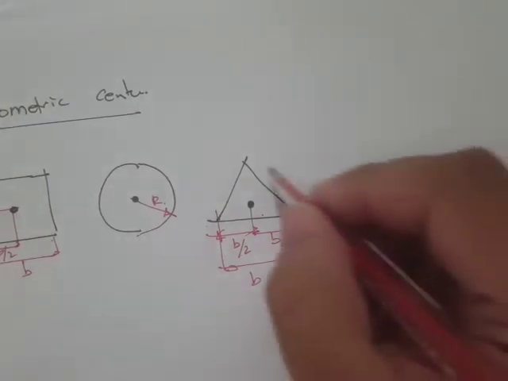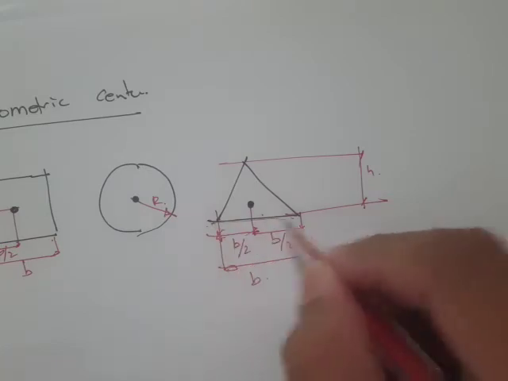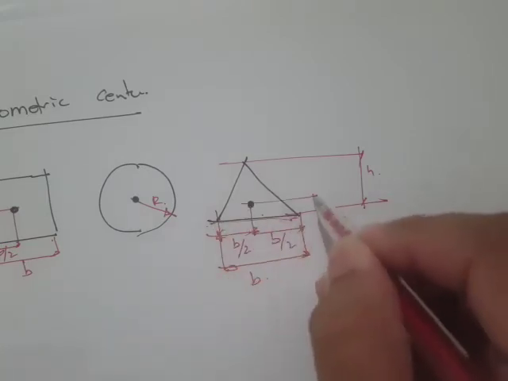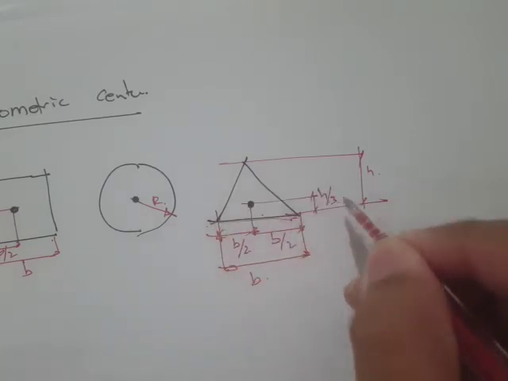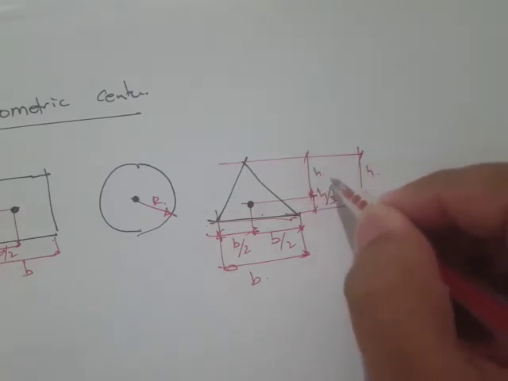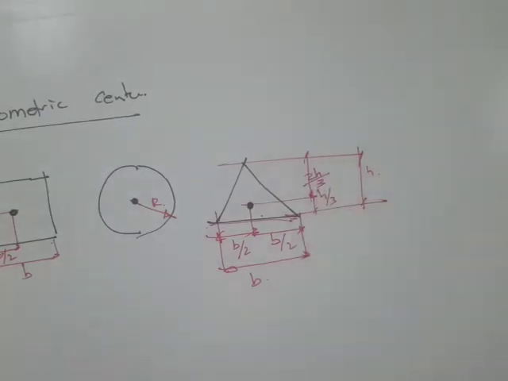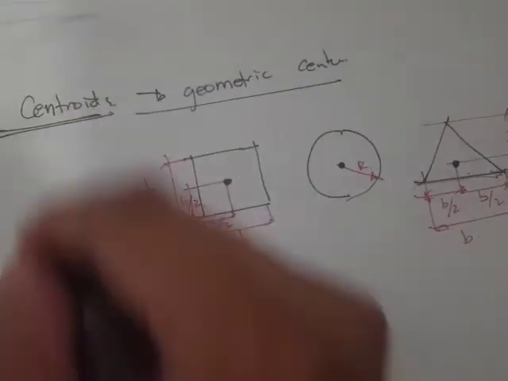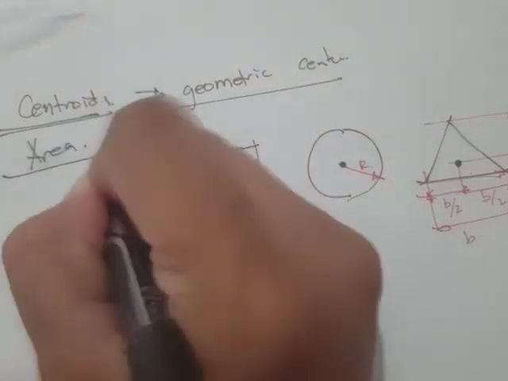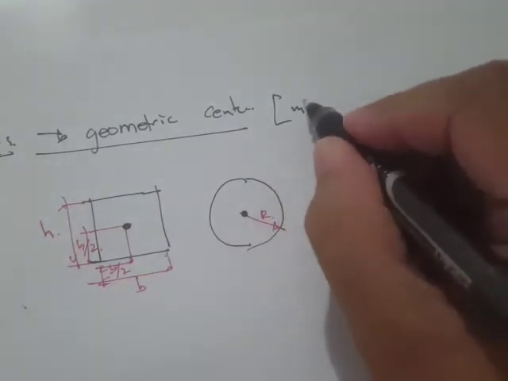Then if this is our height, the distance from the base line to the centroid is h over 3, that is 1/3, and from the top that would be 2/3 times the h, right? And the unit of the centroid is simply meters, right?